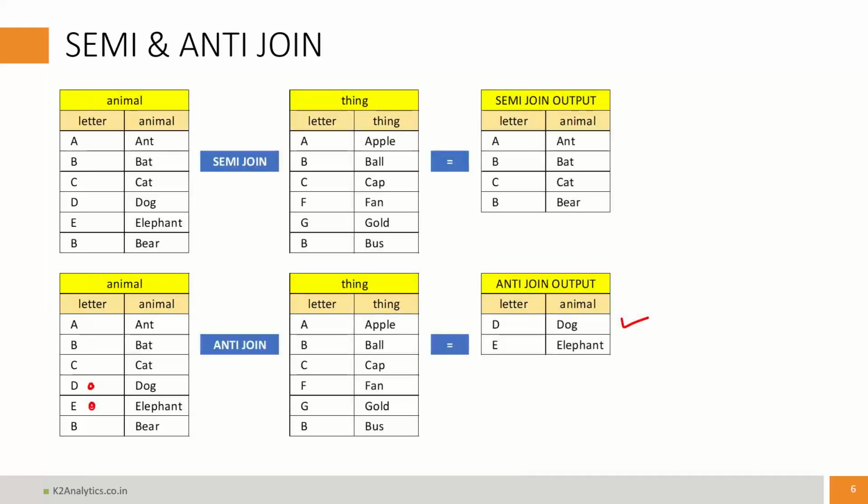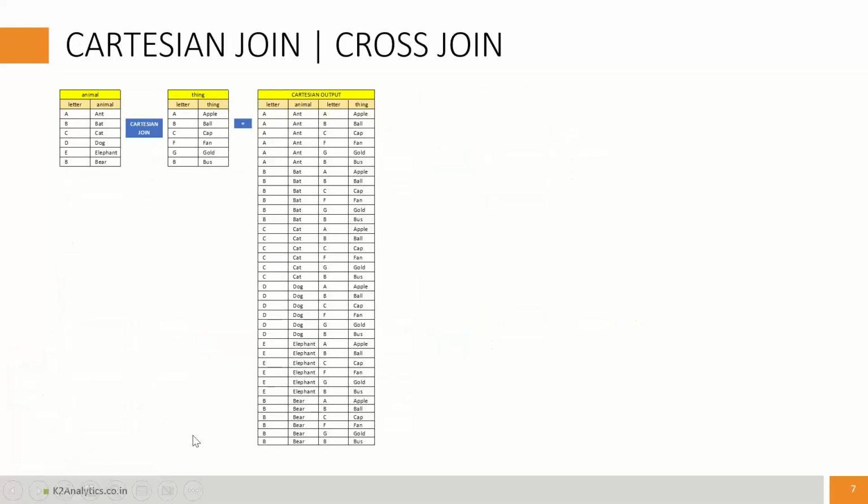Great. Now, the next thing that we have to learn is Cartesian join, cross join. What do you mean by Cartesian join or a cross join? In a Cartesian join, the first record of the left table will join with each record of the right table.